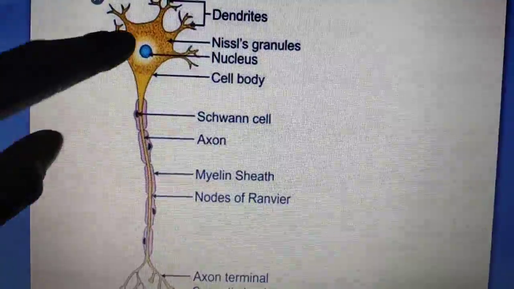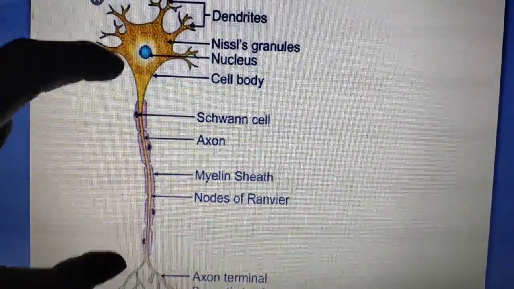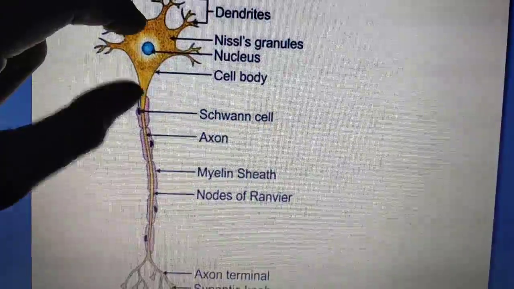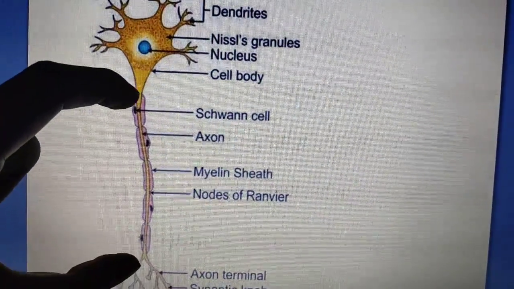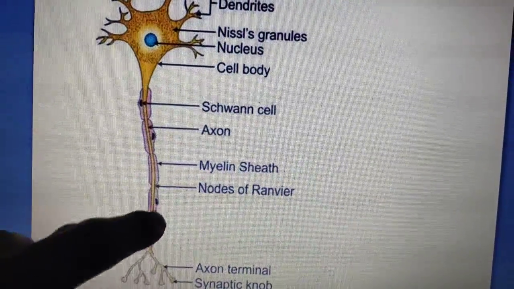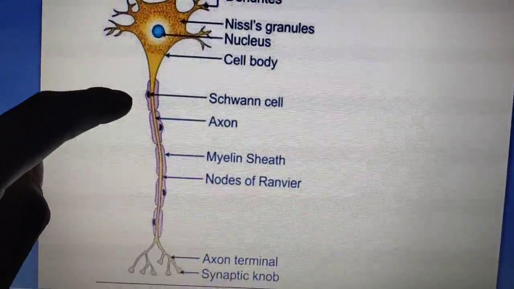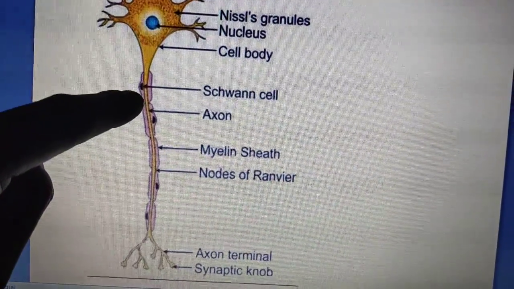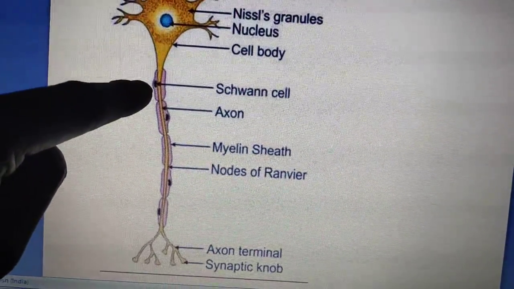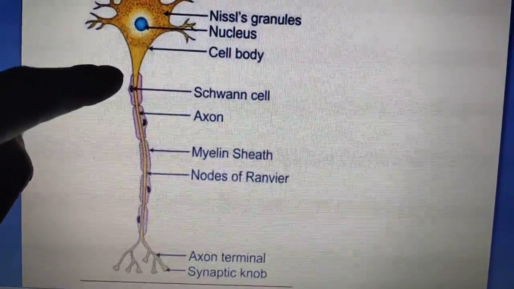Then the continuation of this we call the axon. This is the body, and this is the axon. Have you seen this continuation part? The yellow colored structure we call the axon. Around the axon you can see some pink colored cells, which we call Schwann cells. Pronounce once again, Schwann cell.